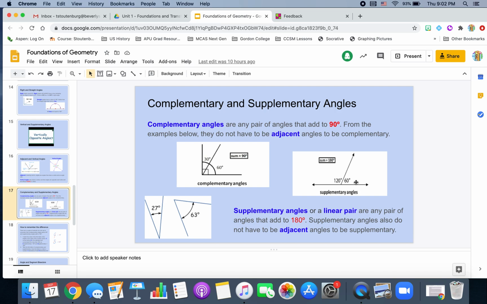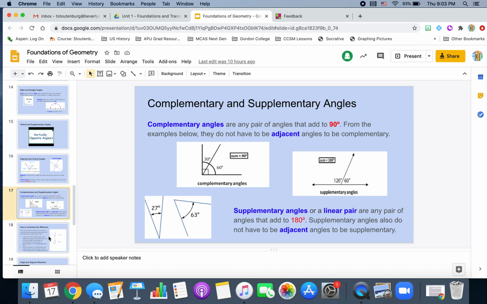The criteria is just that they add to 180 degrees. And sometimes you'll also hear them referred to as a linear pair. If you notice, the first four letters of linear is line. So anytime you have a line, we know that that is equal to 180 degrees. So every line created by two angles are also supplementary.